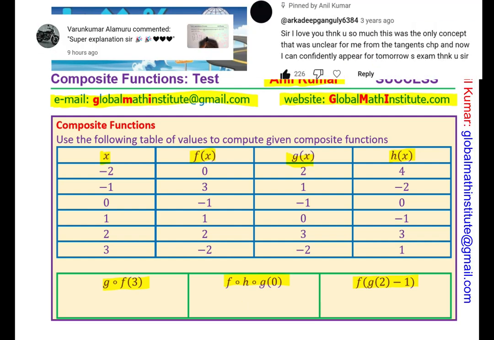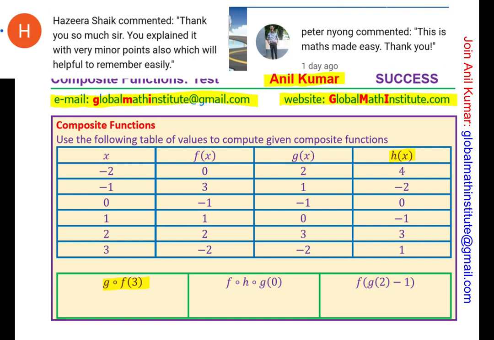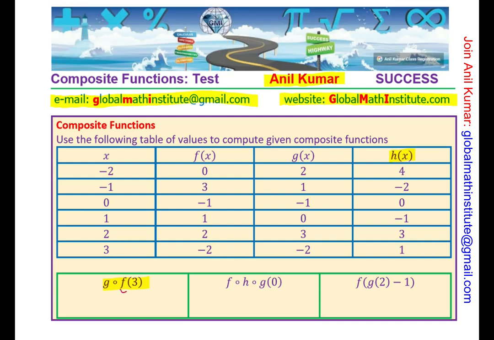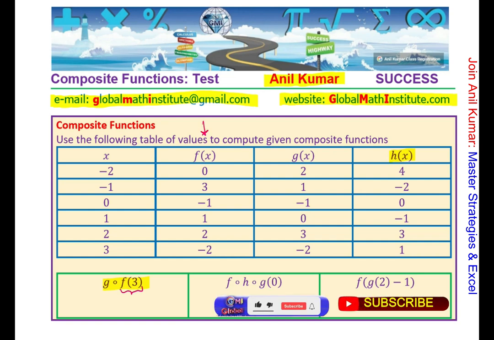So let's begin with the very first one, which is g of f of 3. The idea here is to first evaluate the inside function, which is f of 3. f of 3 is the value of the function f of x when x is equal to 3. Clear? So, clearly f of 3 is minus 2. So we can write this as g of minus 2, right?